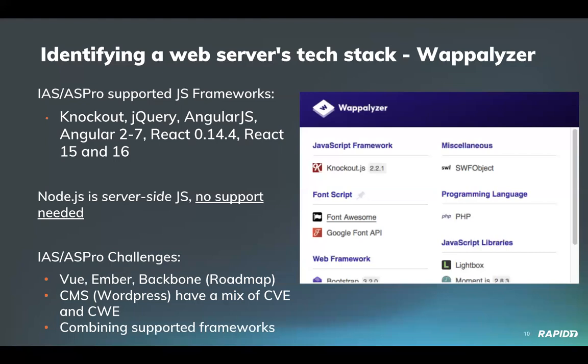You do not need to support Node.js because we never see it. It's all behind the scenes. We are only, remember, communicating over HTTP. AppSpider and DAST engines do not care what language or code is executing on the back end over on the web server. It only matters what they hand us. So when someone says, do you support Node.js? You say, that's server side, it doesn't matter. Any questions about that?